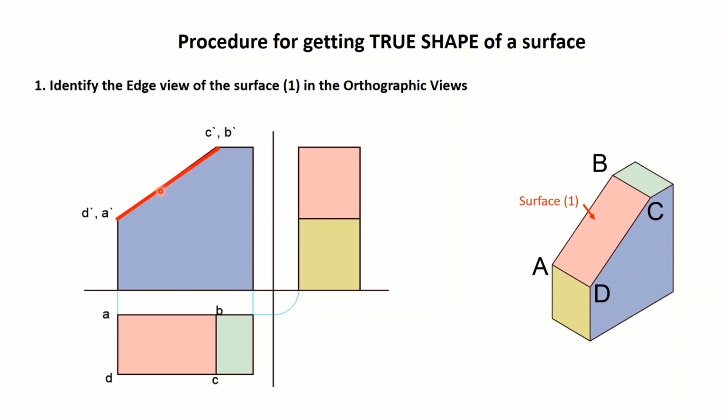This surface ABCD appears as line A dash D dash up to line C dash B dash, and in the top view the four vertices appear as ABCD. So we identify the edge view of surface 1, and that happens to lie in the front view in this case.